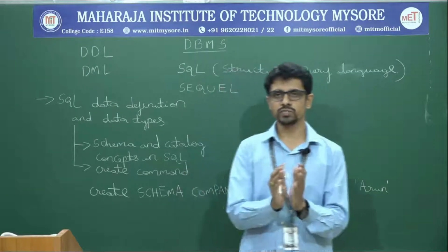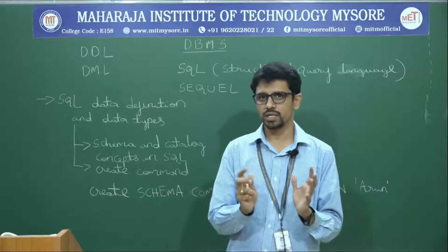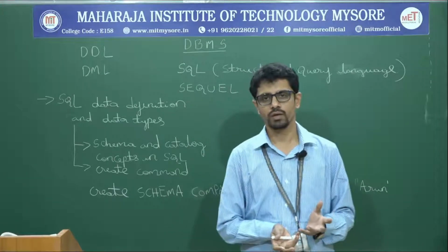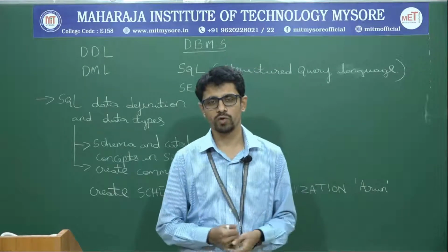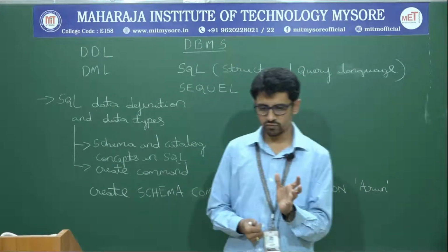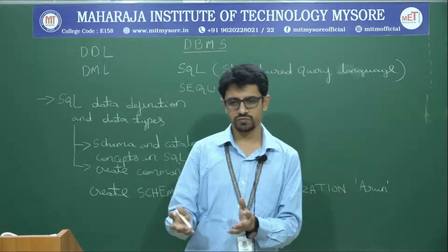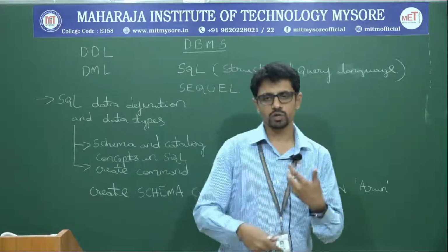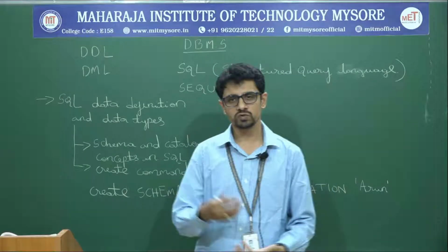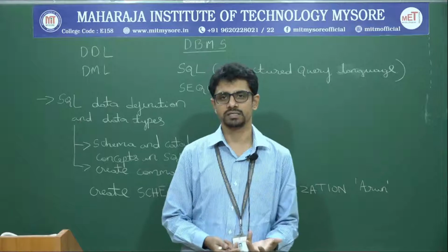As you can understand, a schema is nothing but a database. A relational model, whatever you want to think of. Say for example, schema is one which gives us how many tables we have, what constructs we have, what constraints we put on those tables, what views we are creating on those tables. All together they are called schemas.